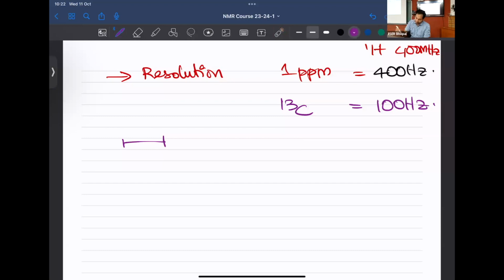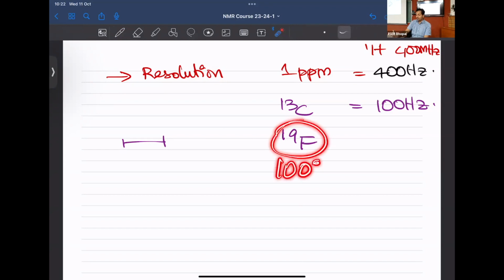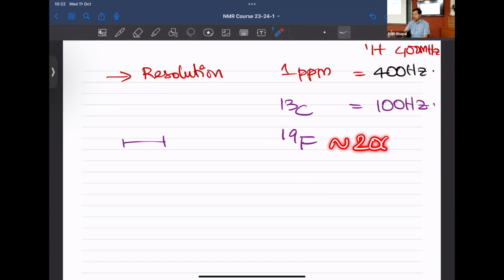For instance, you should go and check what is the spectral width span of fluorine. Fluorine has a high gyromagnetic ratio and 19F is close to 100% abundance. This has a span of about 2000 ppm. It's a large chemical shift range. This happens largely because the nucleus is very sensitive to the electronic environment.